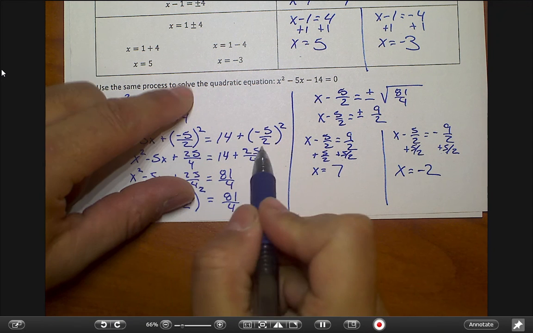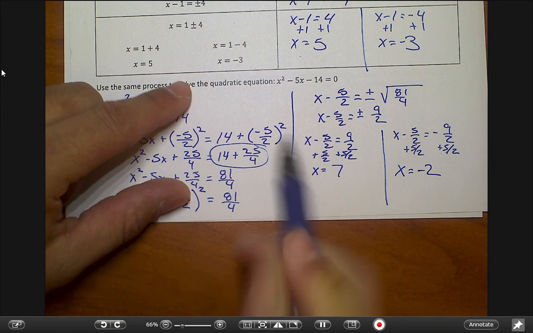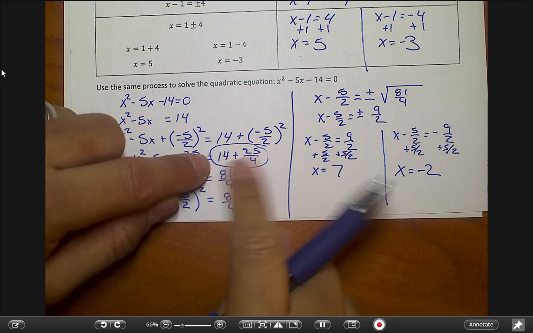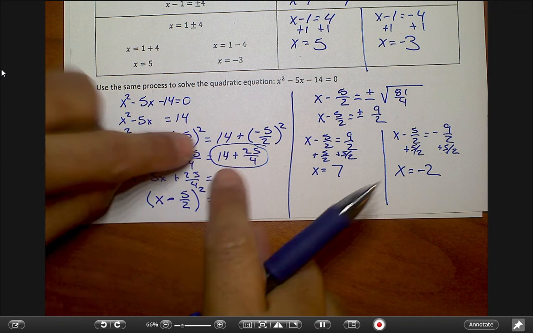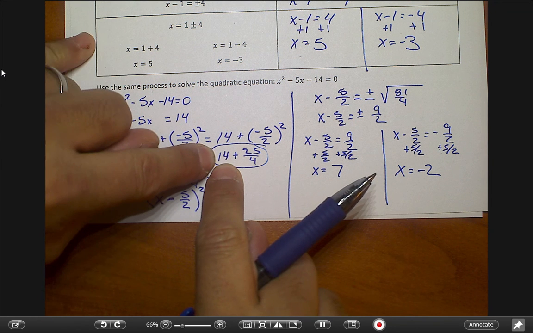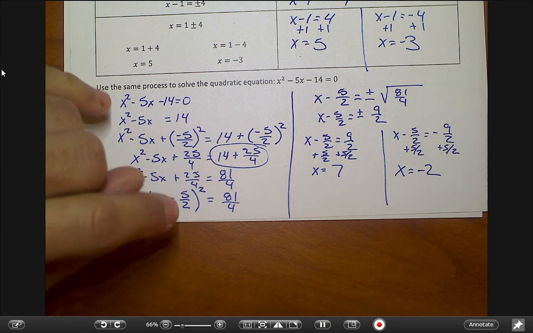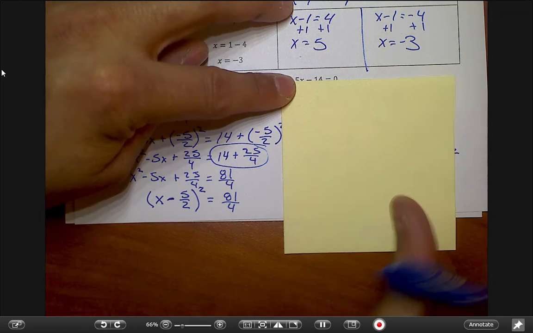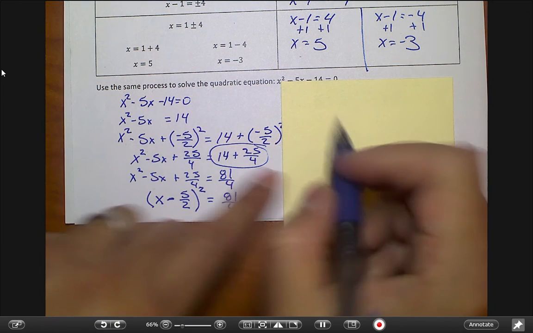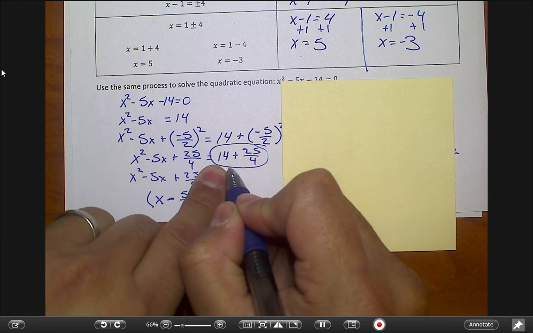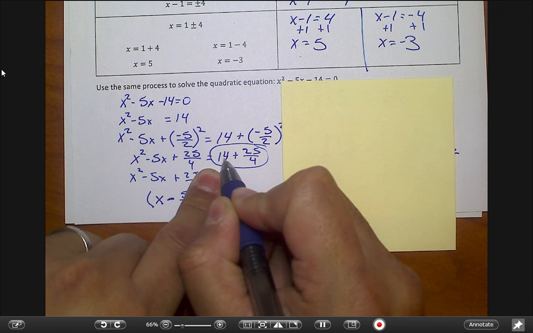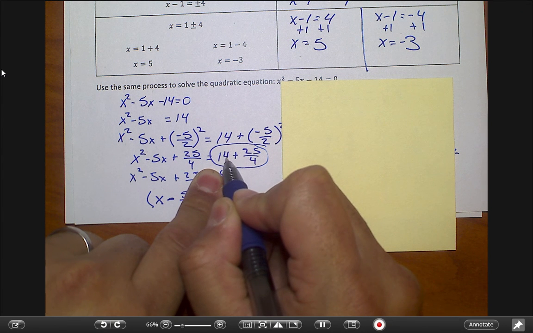So we have to add these two together. Right? So if you add those two together, I have to have a common denominator. My common denominator is going to be 4. Okay, so I'm going to do some math over here off to the side so you can see this. To make this into over 4, I would multiply it by 4 over 4.